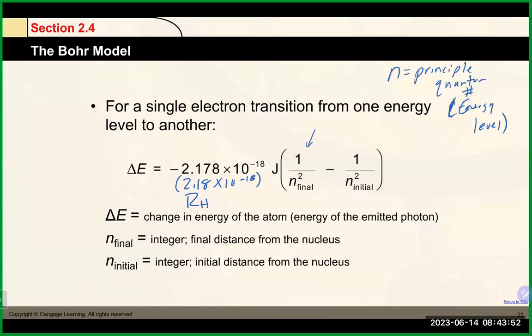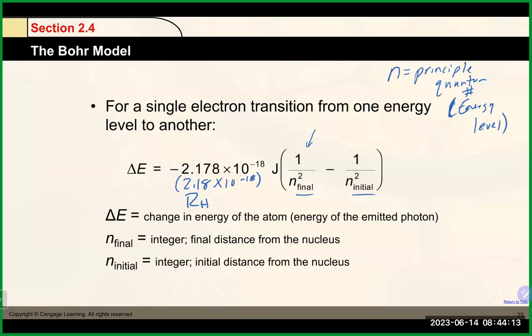There are 4 quantum numbers, which we'll talk about a little bit later on in this chapter, and one of them is n, which is basically the energy level associated with an electron. So that's where the electron ends up, minus 1 over n squared, where the electron started, what energy level it started at, and that will give you the change in energy.